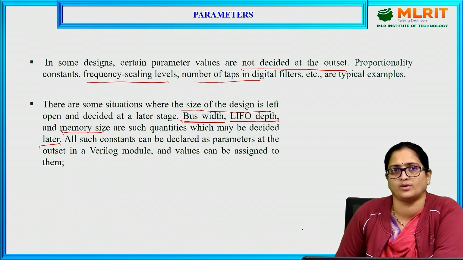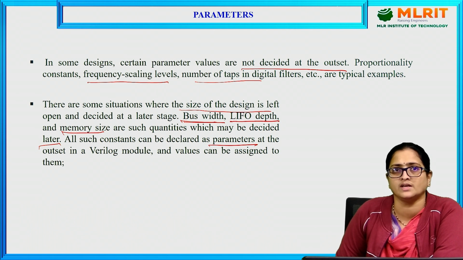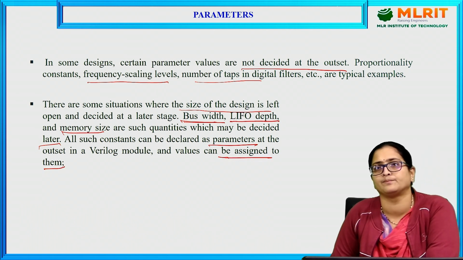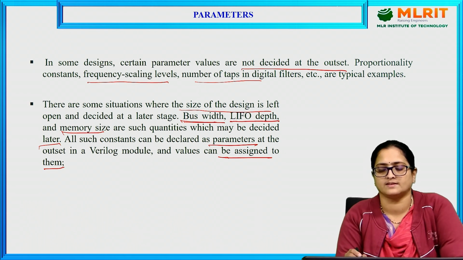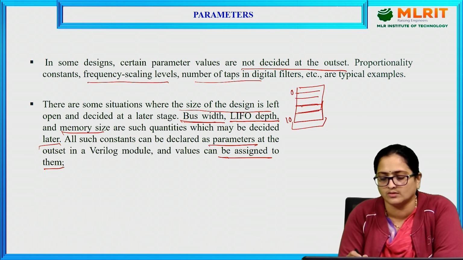All such constants can be declared as parameters at the outset in Verilog, and the values can be assigned to them. For example, I have taken memory elements with 0 to 10 values.